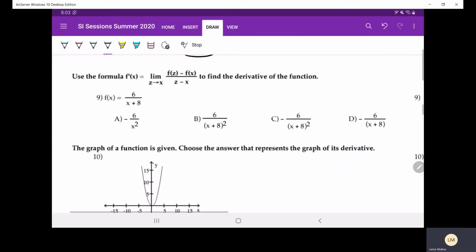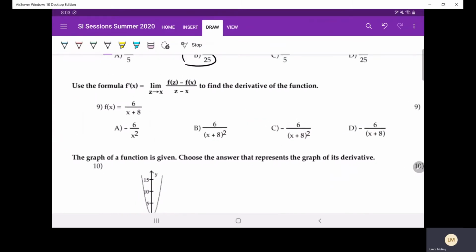So use this formula to find the derivative at a point.